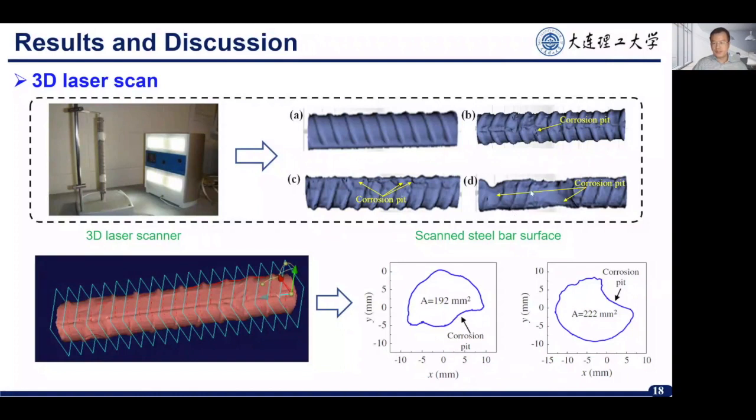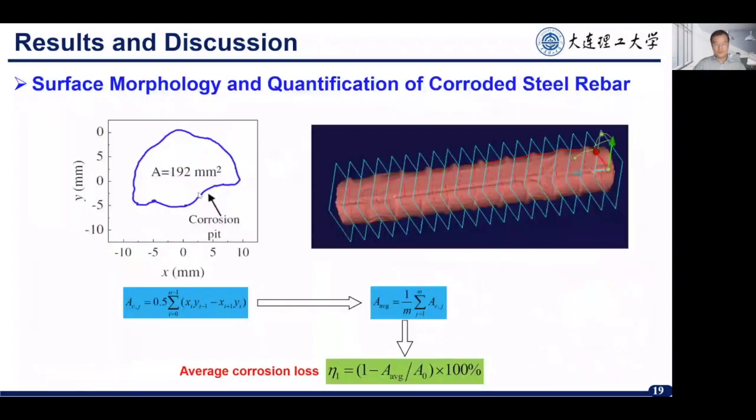With an increase in mass loss, these corrosion pits become larger. And we use some software to cut the scanned surface so we can get the radial cross-sectional area for this corroded steel rebar. So in this study, we use 2 corrosion indices to quantify the mass loss of a steel bar.